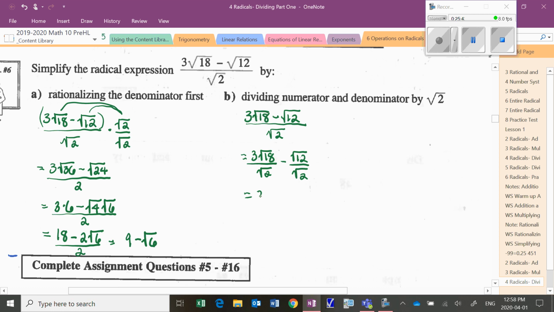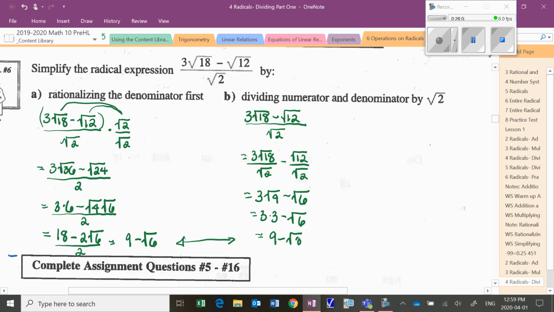So then we're looking at 3 root 9 minus root 6, and root 9 is just 3, so 3 times 3 minus root 6, and we get 9 minus root 6. So same answer, and 2 different ways of getting there.